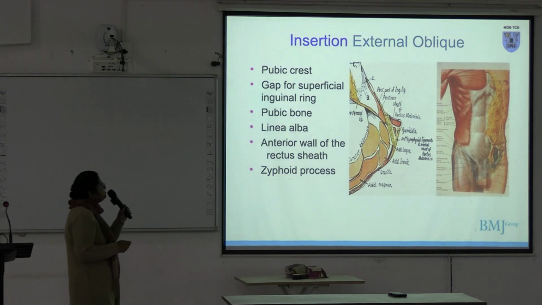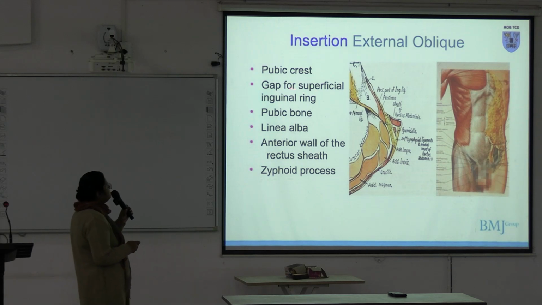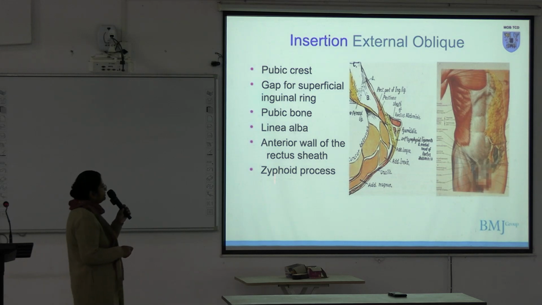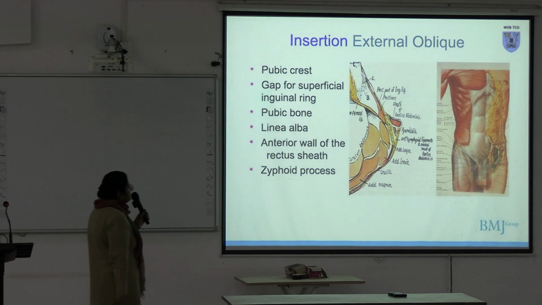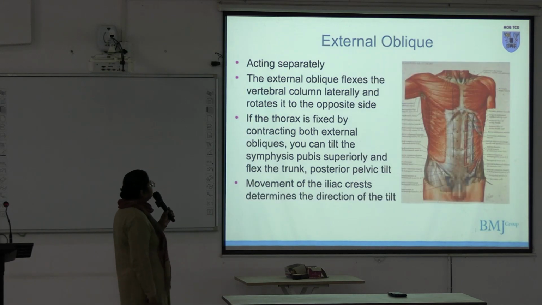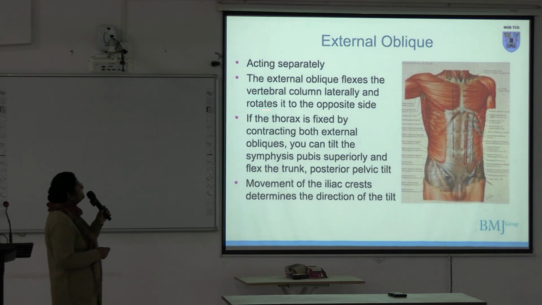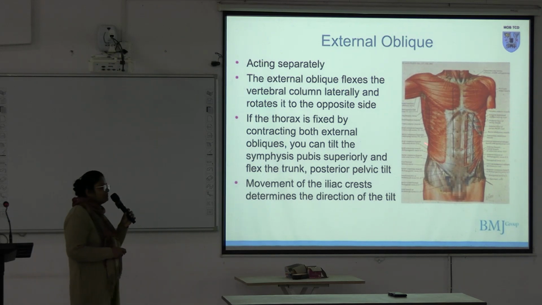Next. So insertion of external oblique occurs in the pubic crest, gap for superficial inguinal ring, pubic bone, linea alba, anterior wall of rectus sheath, and xiphoid process. Here it is inserted. Next. Acting separately, the external oblique flexes the vertebral column laterally and rotates it to the opposite side.